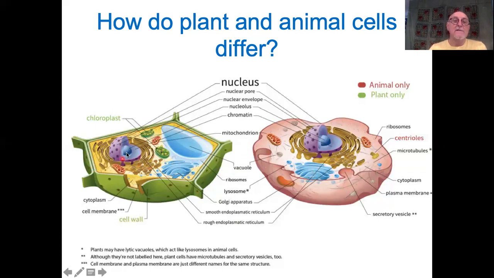And here is the nucleus, very similar in structure. Here, all around here are these elaborate folds called the Endoplasmic Reticulum, the same as in animal cells. So there are many, many similarities. There are a few clear differences.